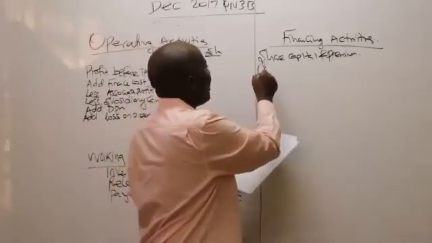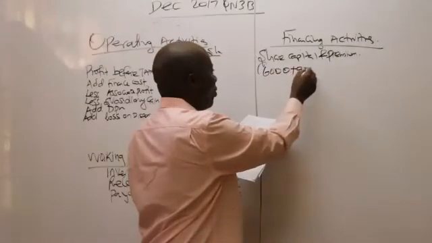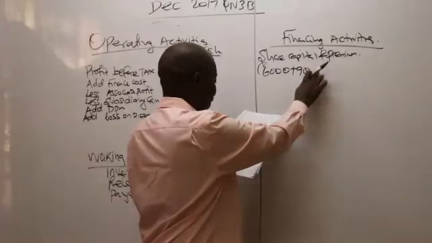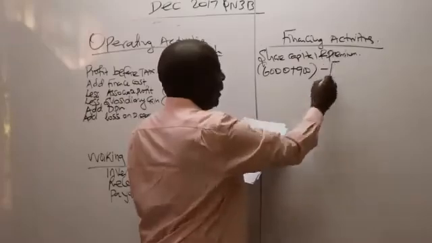Abracadabra, the closing balance is 6,000 plus 9,000 plus 900 plus 900 plus 900 like that. Minus, in this case here, the opening.